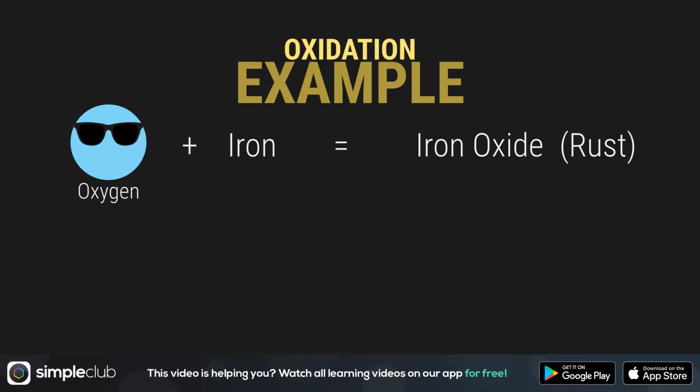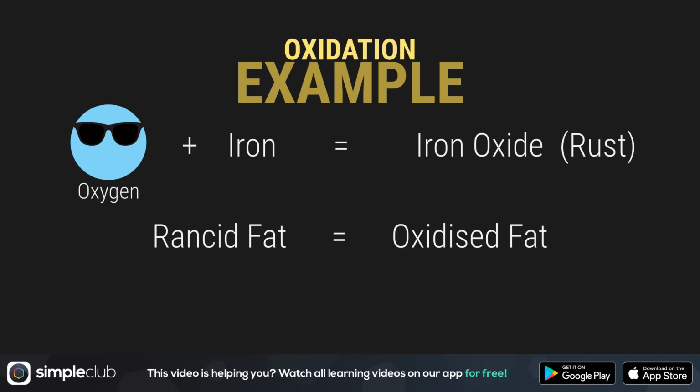At the point where the paint is missing, oxygen can react with the iron of the bodywork, forming iron oxide, also simply called rust. We're going to take a closer look at the rust reaction or acid corrosion in the video on redox reactions. There's also rancid fat, which is nothing more than oxidized fat, or just good old water.